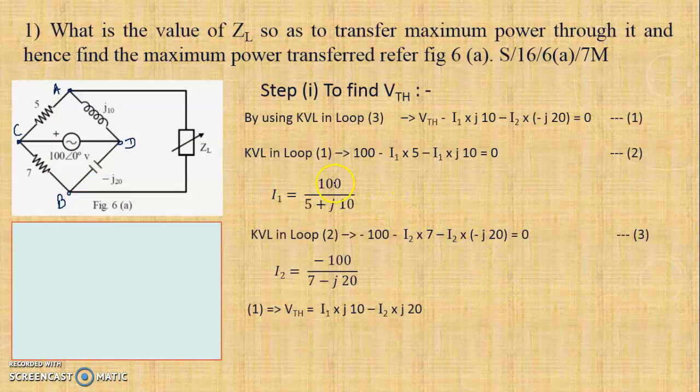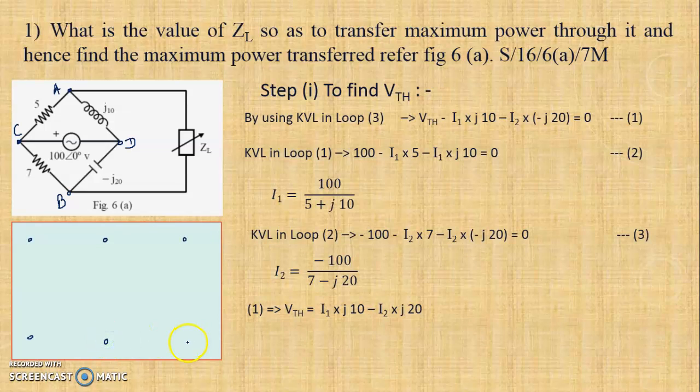Now let us make a circuit to find the VTH. To find VTH, as we know, we have to remove or open circuit the load impedance and redraw the circuit. So now just check, this is A, B. At some distance I am making a few more terminals.